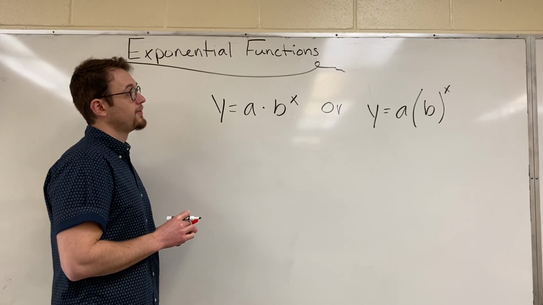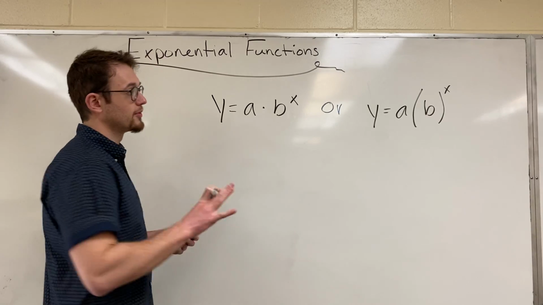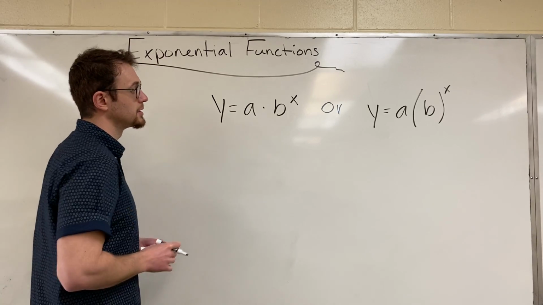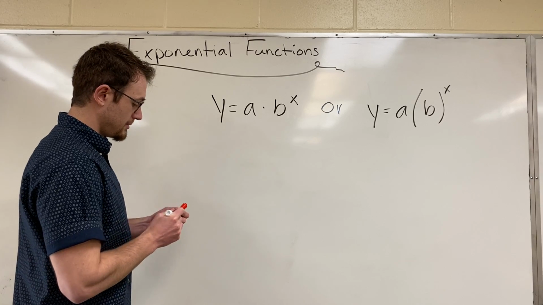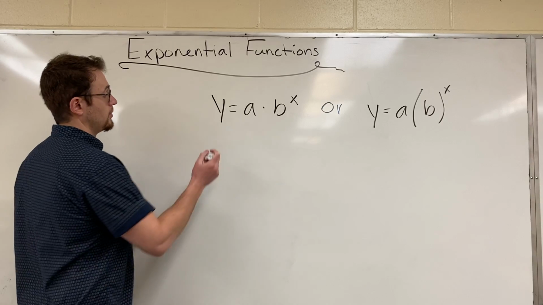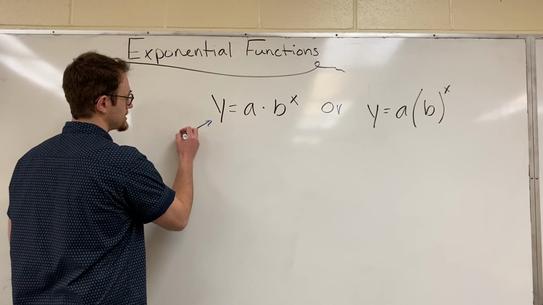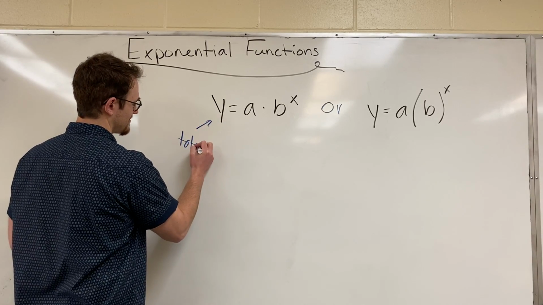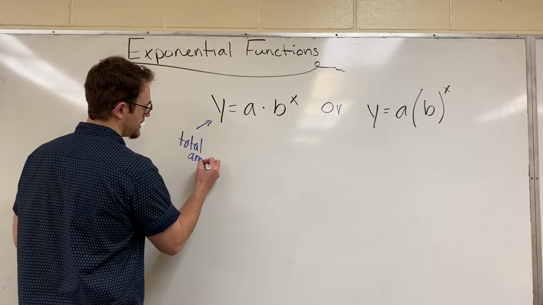All right, so the next form is going to be, actually before that, let's talk about what each of these variables mean again. Grab a different color. Y was the total amount.